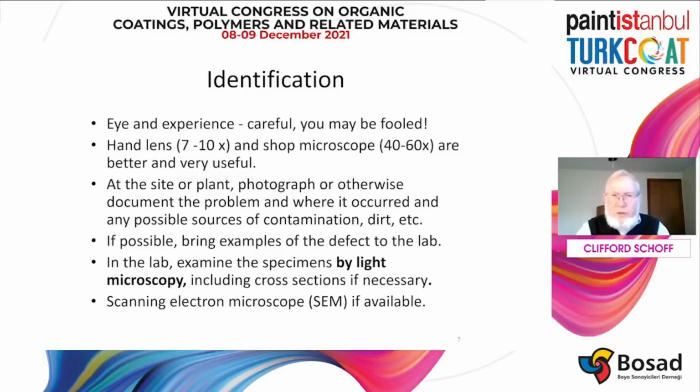Documentation of the problem: if you can go to where the defects are occurring, or the plant or the site, photograph it, document possible areas of contamination, and so on. If possible, bring examples of the defect to the lab. Bring a piece of hood of a vehicle. Bring pieces of wood that show where the painting of wood has produced defects.